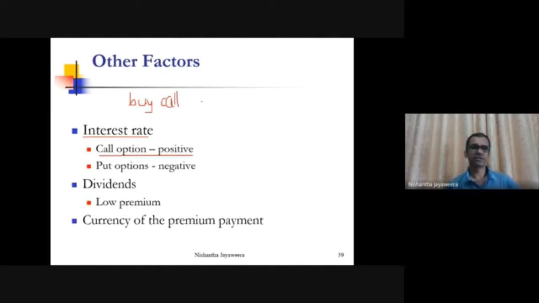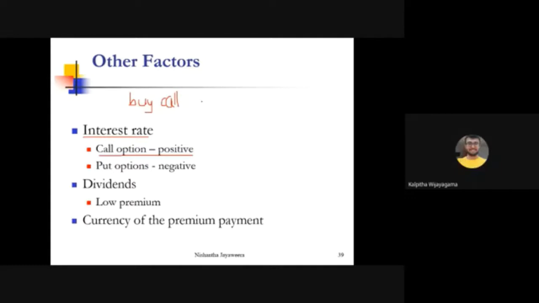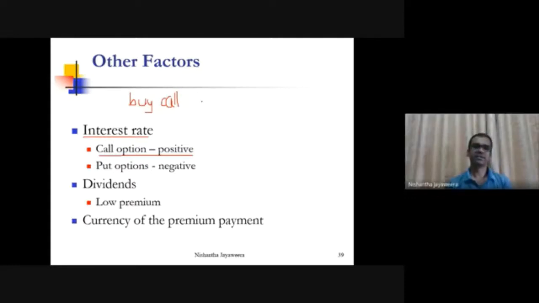If you assume that the price of the underlying asset goes up, why don't you buy the underlying asset? You can buy the underlying asset without buying the call option. What is the difference? Outright purchase and buying a call option. You don't have to pay the full amount and you have an option at the end. If you have to buy the underlying asset, you have to pay the full price today. You need capital to do that.